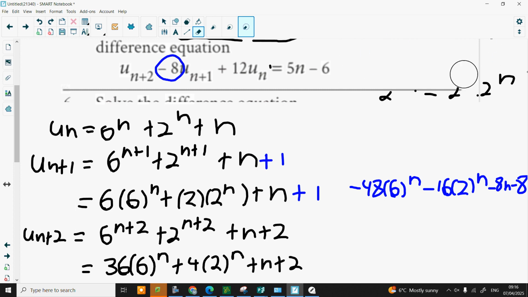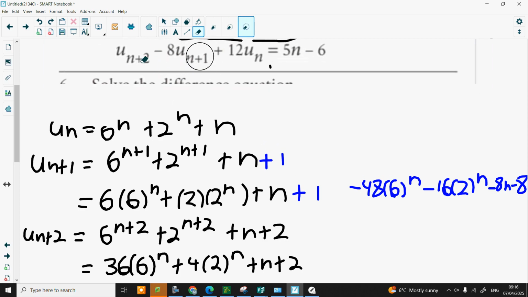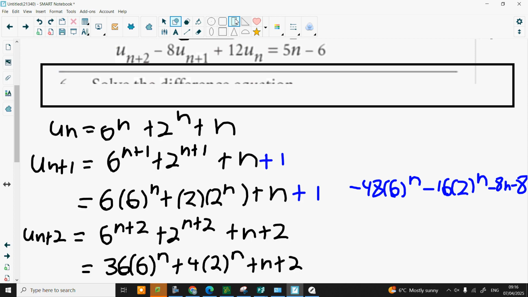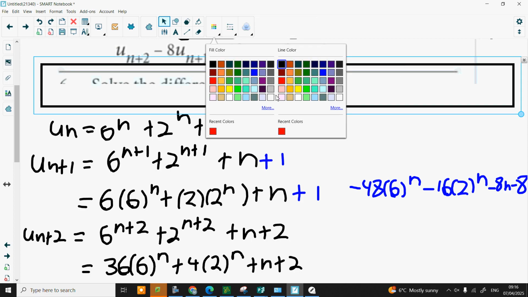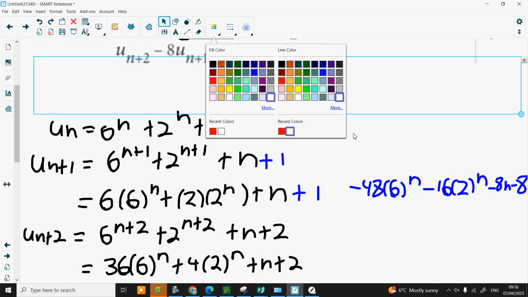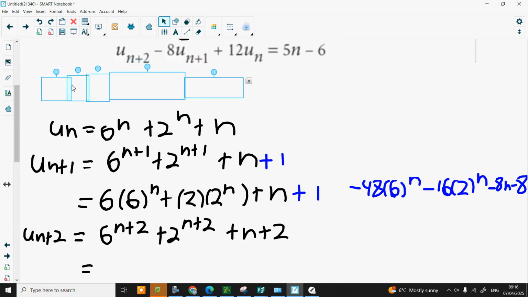So you ready? Here we go. Now, we're going to start off with un plus 2. So I'm just going to drag this up slightly. And let's get myself a bit more board space. Okay, I'm going to drag this up.